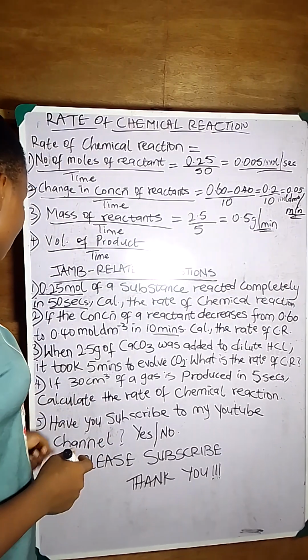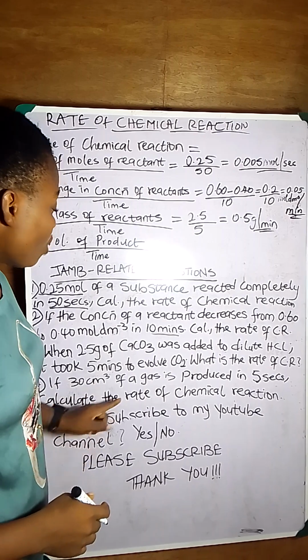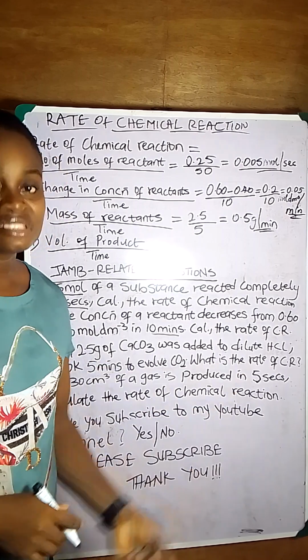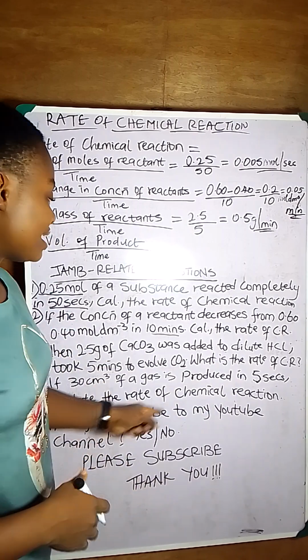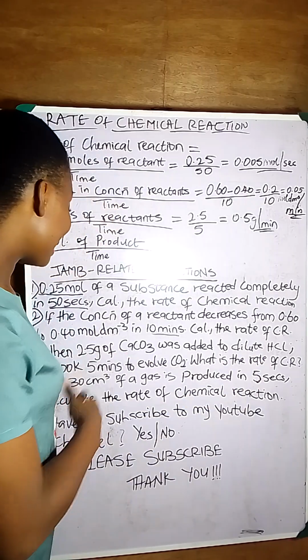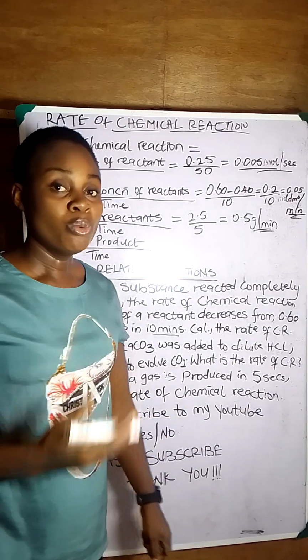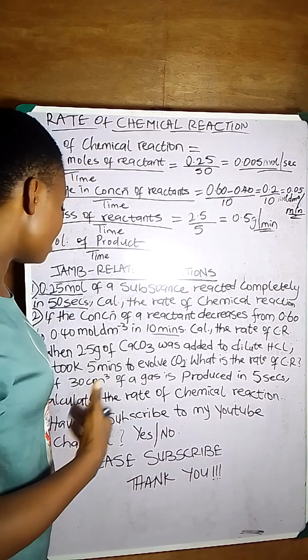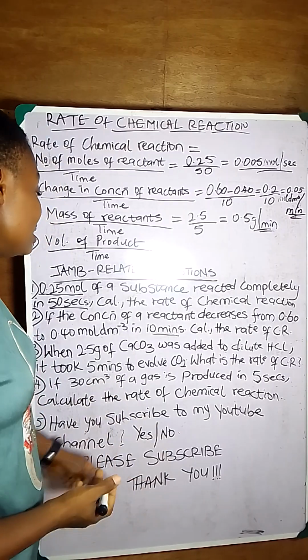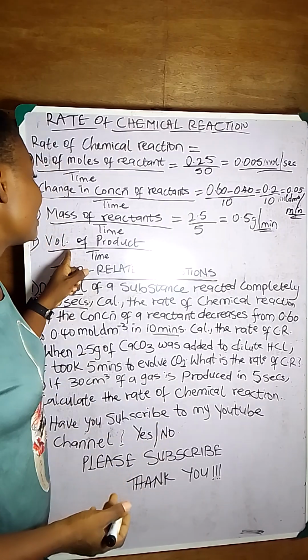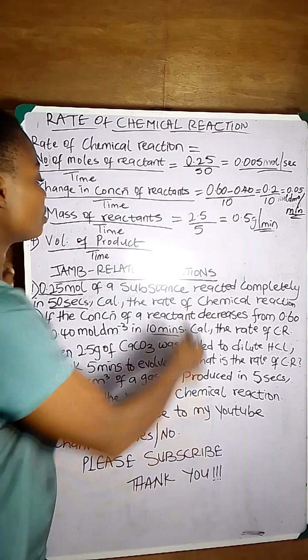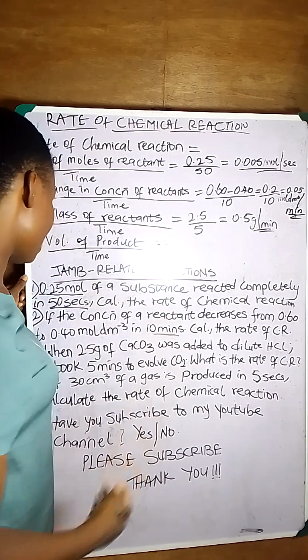For the last question, if 30 cm cube of a gas is produced in 5 seconds, calculate the rate of chemical reaction. You know that the gas is already produced, so we are talking about the volume. Okay, so we go ahead and substitute.